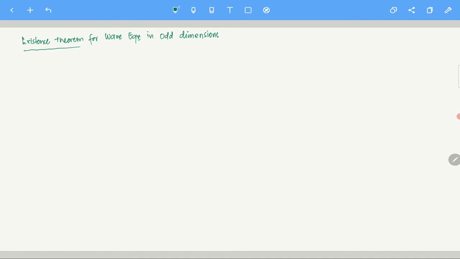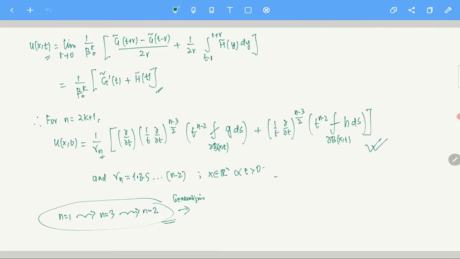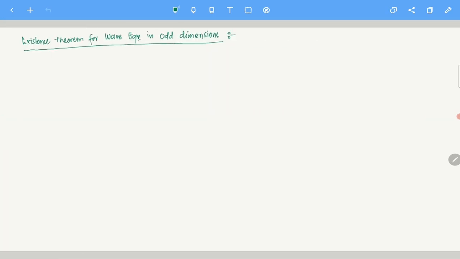Basically we want to show that the formula which you obtained, let's call this formula star. We want to show that this formula is actually valid.